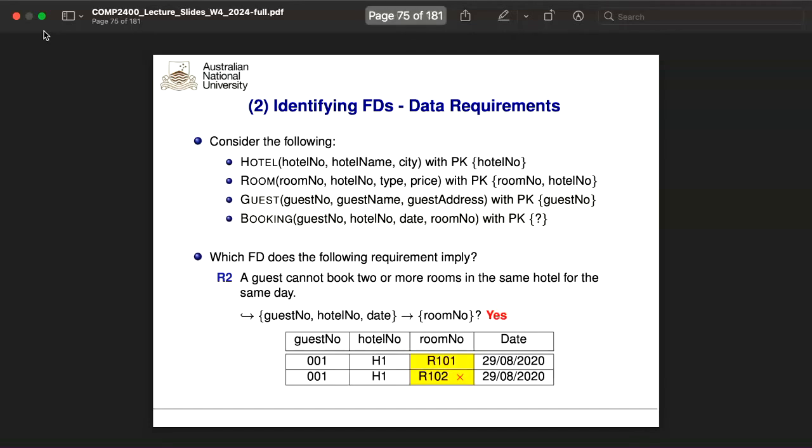Why? For example, if a table intended to have same guest, same hotel, same date, but a different room, that will violate this function dependency. So by enforcing function dependencies like this, this kind of requirement can be achieved. Okay?